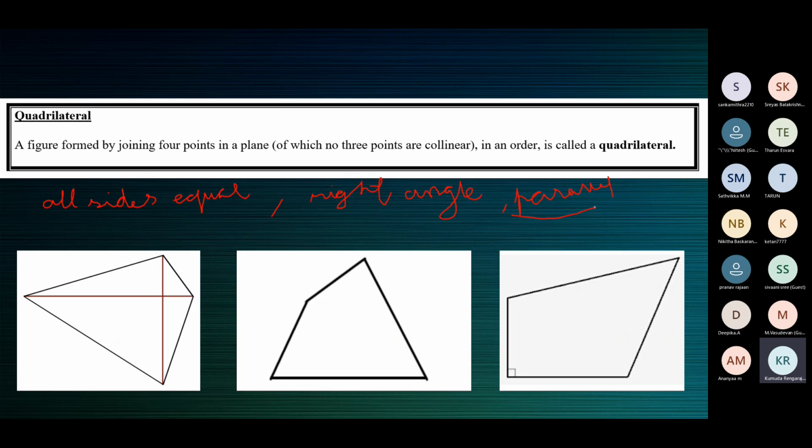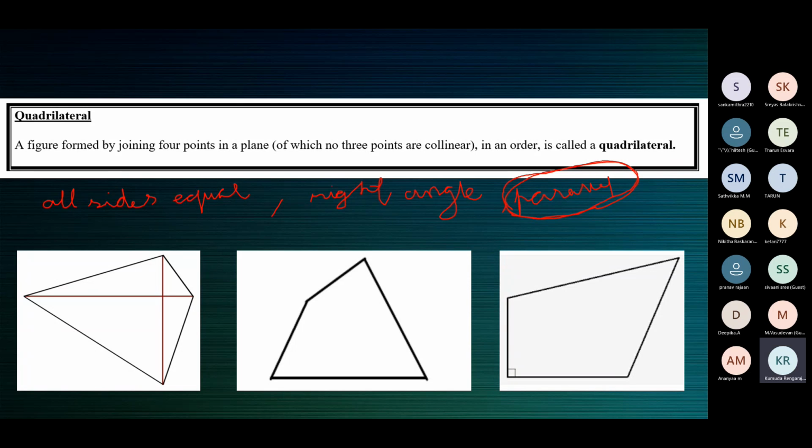A quadrilateral in which both pairs of opposite sides are parallel is a parallelogram. We're going to define parallelogram, rhombus, rectangle, and square.